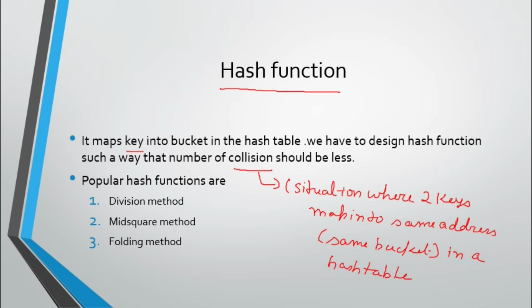But before understanding collision handling and hashing in general, we need to understand the popular hash functions. There are many hash functions, but in our syllabus we will discuss three: the division method, the mid square method, and the folding method.